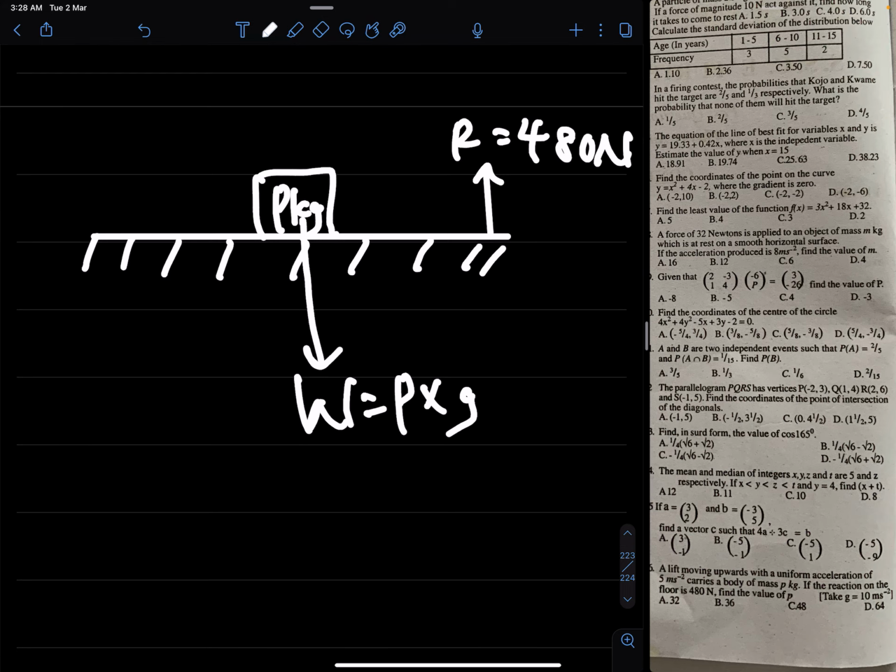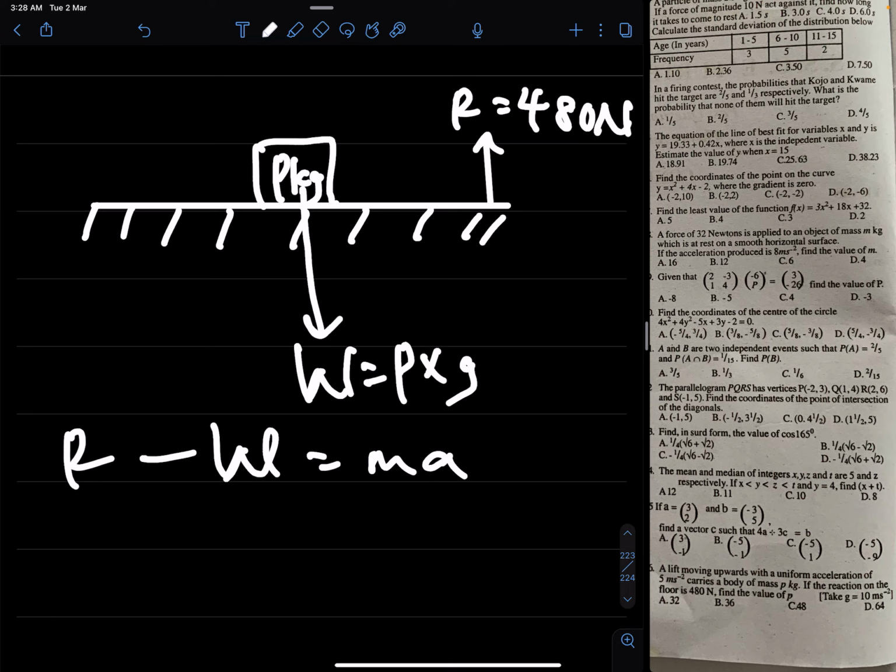The reaction is moving it up, so I'll say R minus W is equal to ma. Yes, R minus W, R upwards, W downwards.